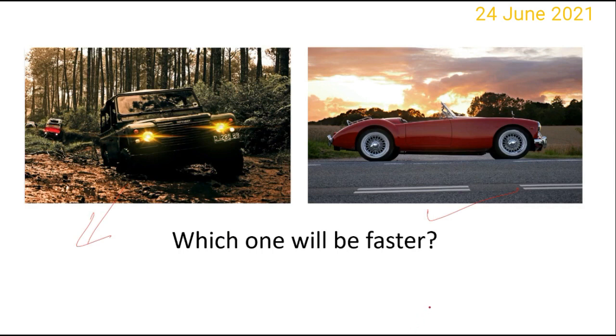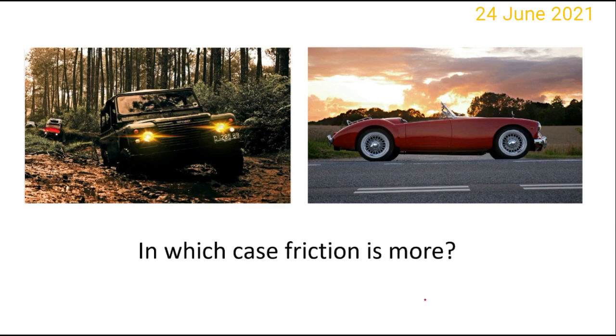Now the question is, why? Or if I ask you to answer in which case friction is more? Let's call one situation A and the other B. So we have two situations here, situation A and situation B, and you have to tell in which case friction is more. And you know, friction is a force.